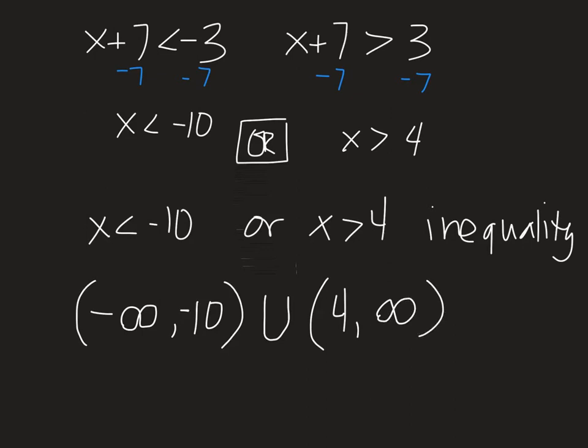In interval notation, if you remember, the smaller thing goes on the left and the larger thing goes on the right. So all the numbers less than negative 10, well, the smallest is negative infinity, and then up to negative 10. And then here we have bigger than 4, so 4 is your smallest value, and then infinity. And this is how we write it as an interval. So this is interval notation.